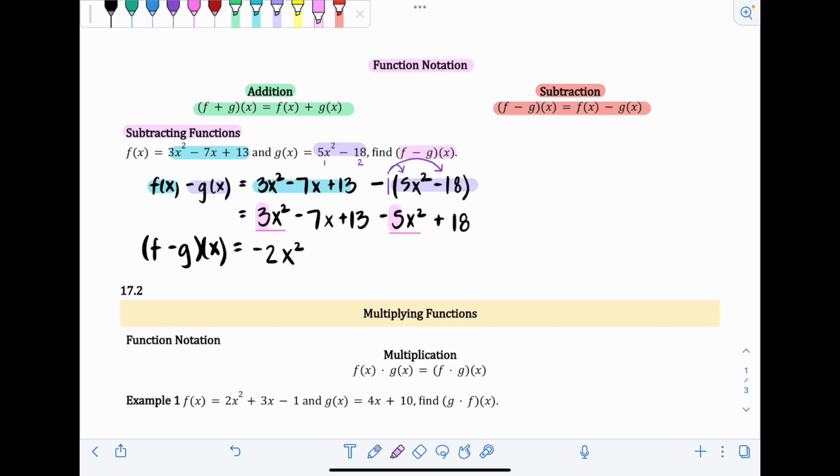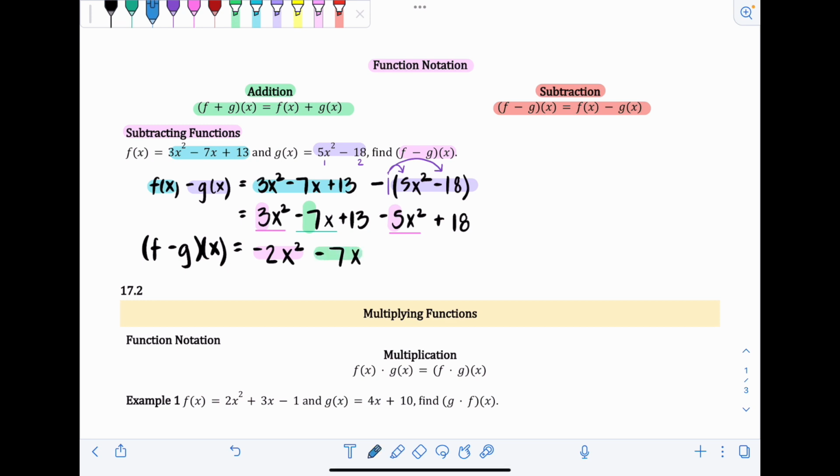So I'm done with the ones I have in pink. For my x to the first power, I only have this one, so I don't have anything to combine it with. I would just bring down my negative 7x without making any changes.